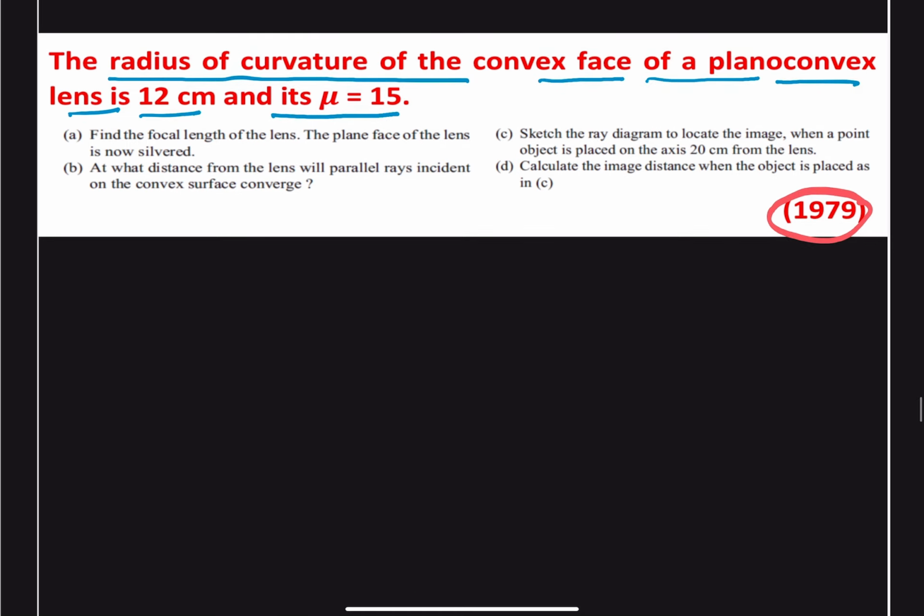We have basically 4 questions based on this. First, find the focal length of the lens. In part B, the plane face of the lens is now silvered: at what distance from the lens will parallel rays incident on the convex lens converge? Part C: sketch the ray diagram to locate the image when a point object is placed on the axis 20 cm from the lens. And part D: calculate the image distance for the object placed in C.